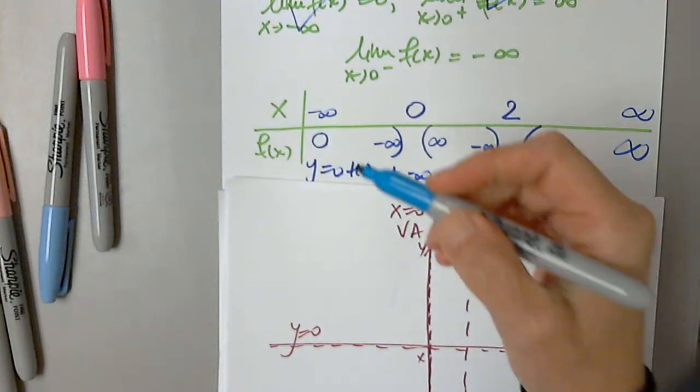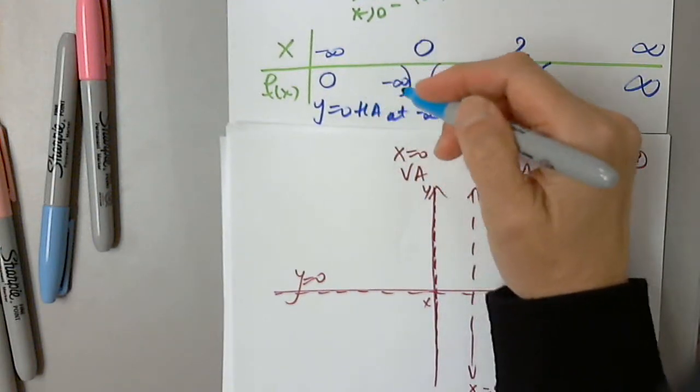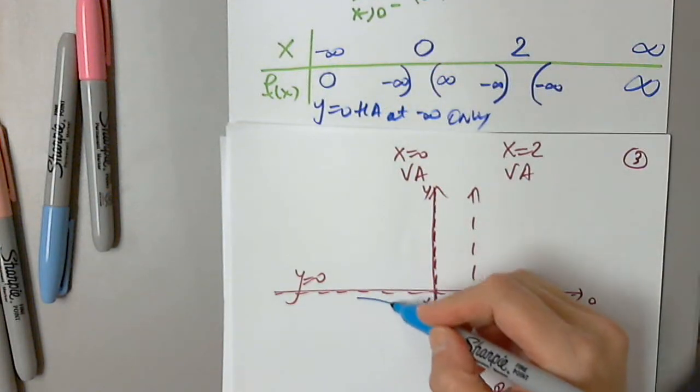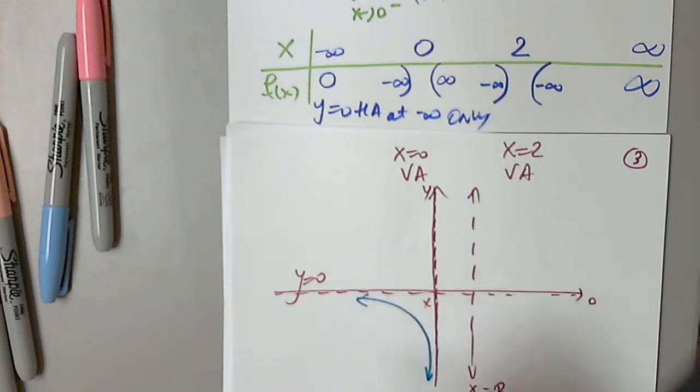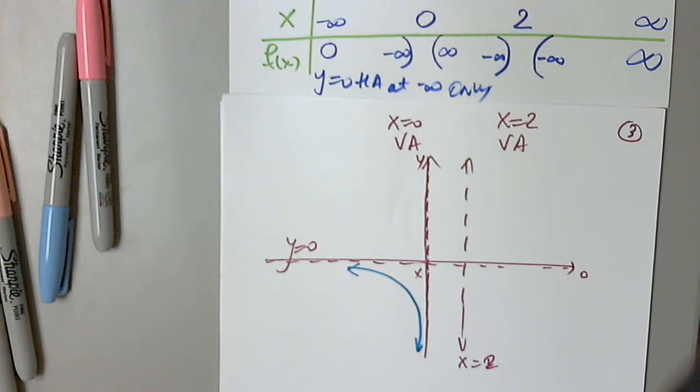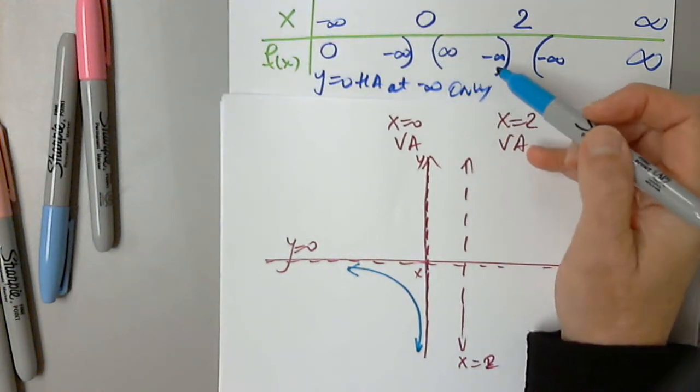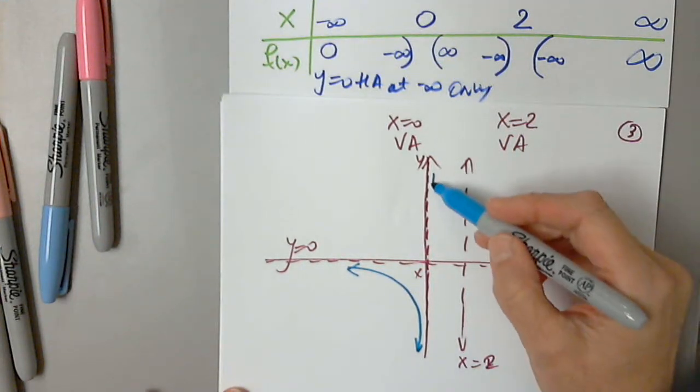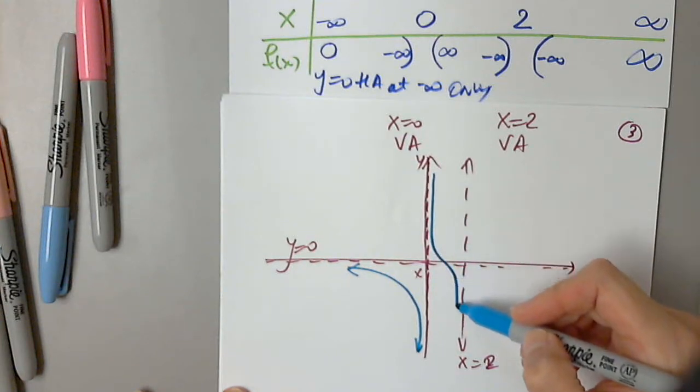So now, from approaching 0 to approaching negative infinity, these examples are extremely useful. You'll see when we get to graphing. And then from positive infinity to negative infinity, you can do whatever you want. I'm going to do this.